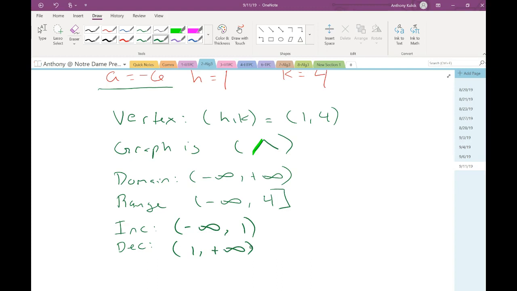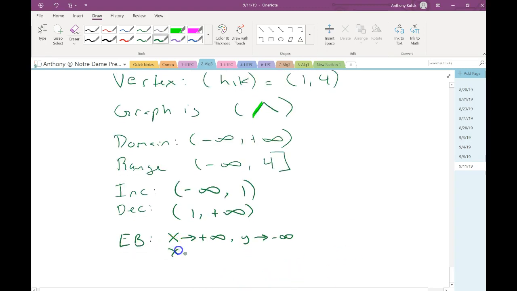And remember, the increasing and decreasing always have parentheses. And then our end behaviors: since this is a wedge shape, both arrows point down. So I can say the right end points down, and the left end points down.